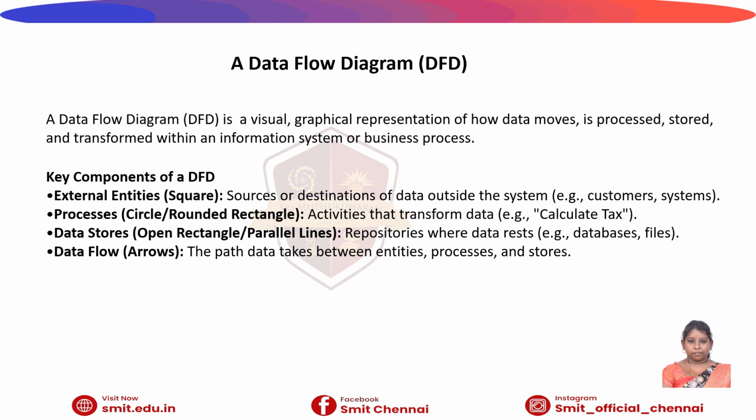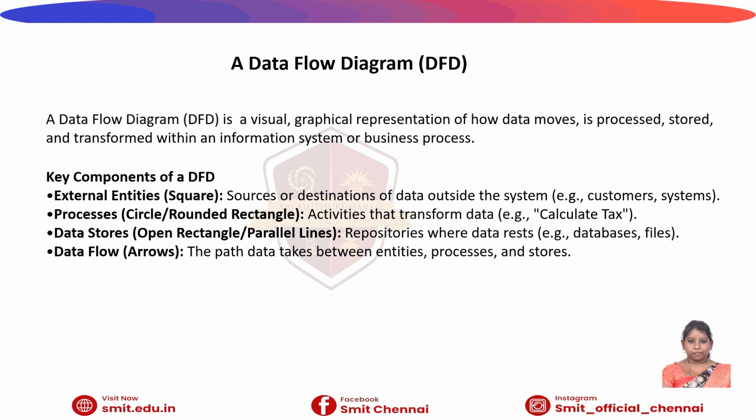These are mainly used for the representation of the source and destination of data outside the system, such as customer, system, database, like that. Some examples where we use these entities are banking systems, library management systems, and so on.